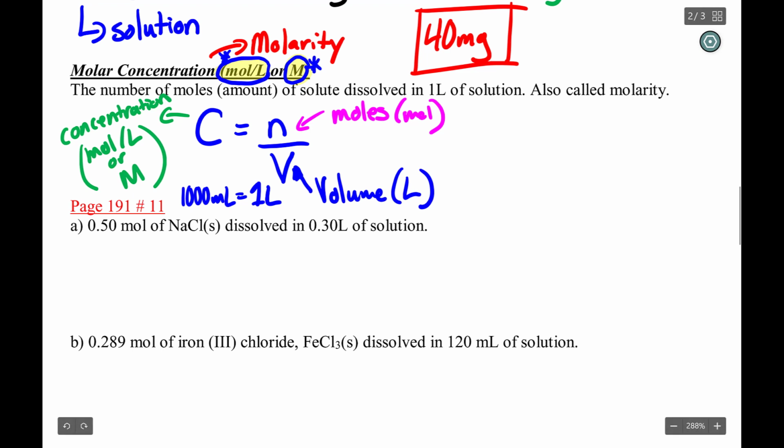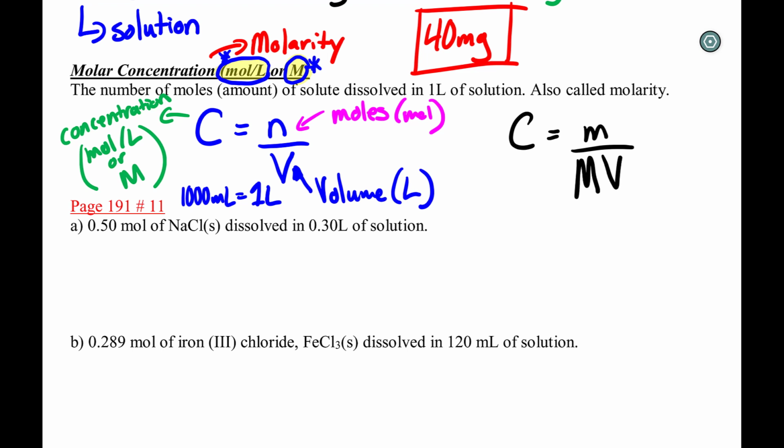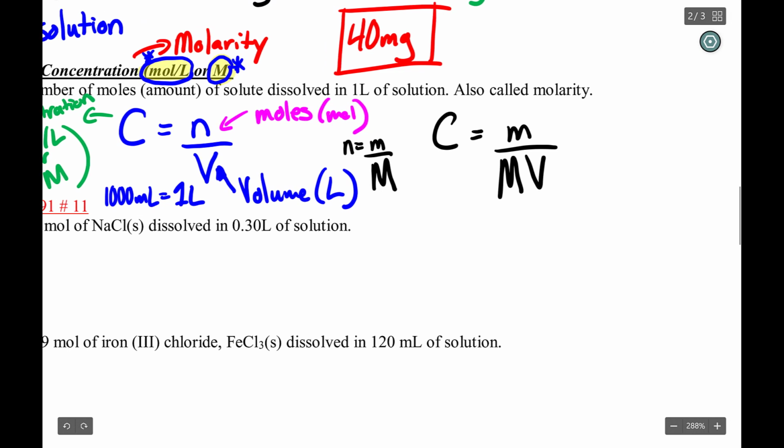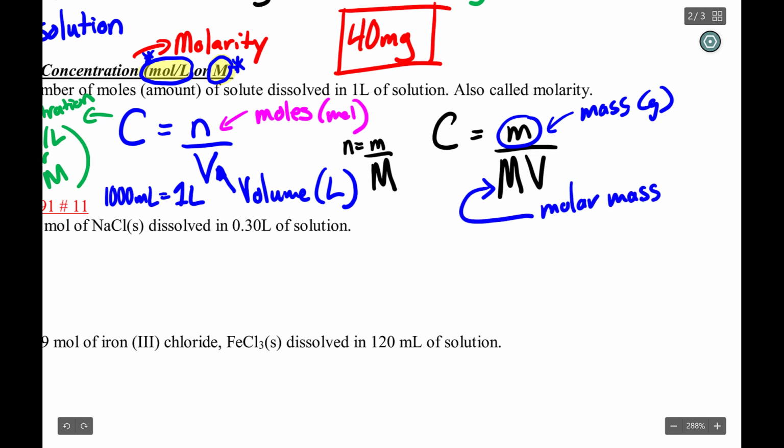So a variation of this is C is equal to little m over big M V, which essentially combines C is equal to n over V with n is equal to m over capital M. Now, little m on top stands for mass in grams, and capital M stands for molar mass in grams per mole.